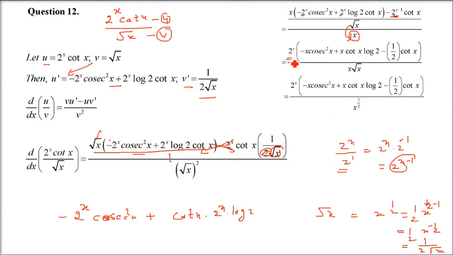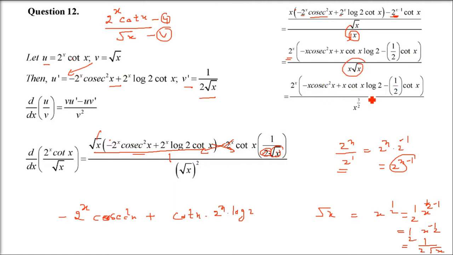So now let us take 2 raise x outside. Whatever is remaining, just keep it inside. So we have log 2 cot x here. Initially it was minus x cosec square x. And since we have taken 2 raise x common, only 1 by 2 will remain, and cot x. And this is the answer.